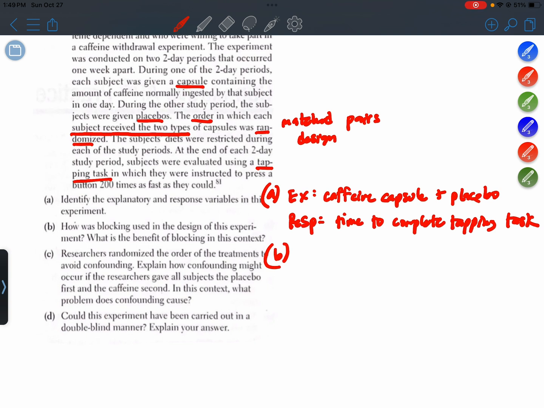Part B, how was blocking used in the design of this experiment? What is the benefit of blocking in this context? Okay, so in a matched pairs design, in this case, each subject is paired with themselves, right? So each subject is their own block.